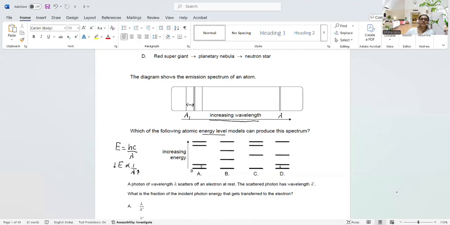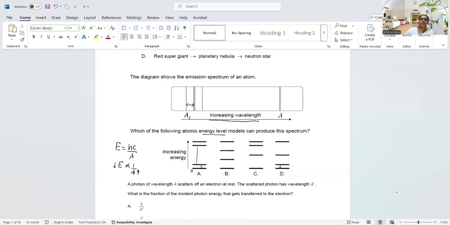The next is the wavelength is extremely small, so the energy difference should be larger, which is going with A. If you see, the energy difference is larger here, followed by two small energy differences. So the first one is a big difference, that is here.